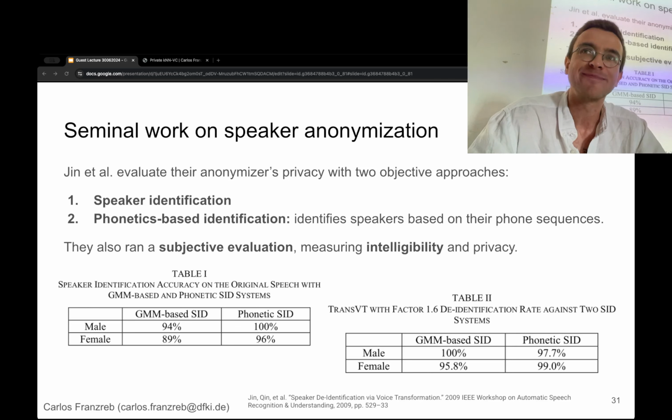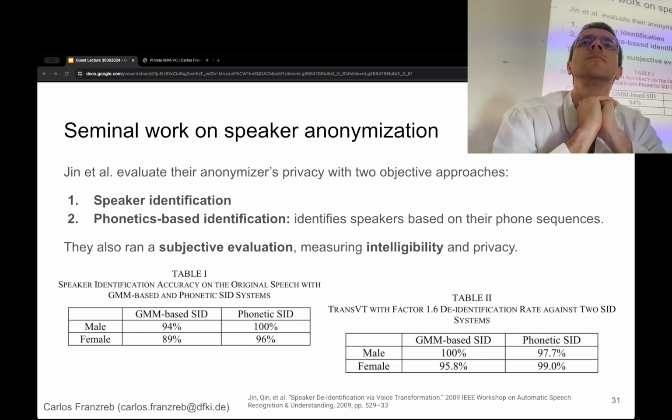Yes? If you talk about the phonetic-based identification, you're just interested in the speaker-specific varieties of the pronunciation and not really in what the speaker said, because the phoneme relates to some graphemes. Yep. So you're not interested in the text-based identification. No, just the phoneme characteristics.